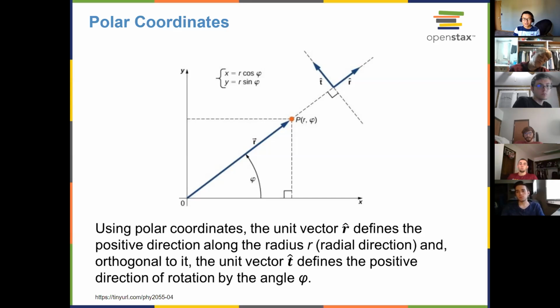If you are given the polar coordinates, that means you are given the magnitude of the vector and its directional angle. Although it's given in a slightly different notation, r is the magnitude and phi is the directional angle. So given the magnitude and the angle, you can figure out its x and y components, or the x-y coordinates.